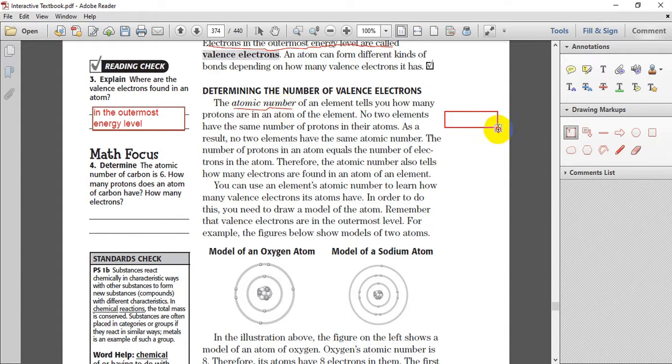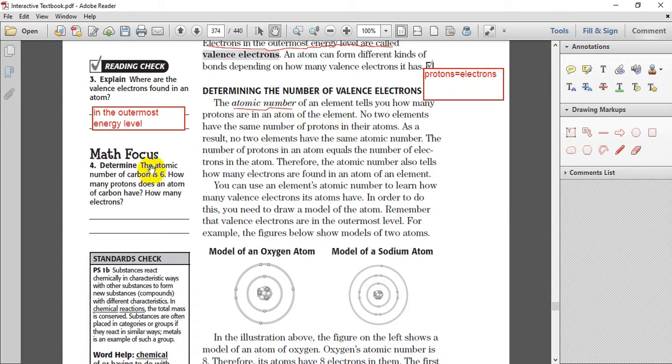So we will make a note here that protons equal electrons. So the atomic number of an element tells how many protons are in the atom, and since protons and electrons are equal, from the atomic number we can know the number of electrons.